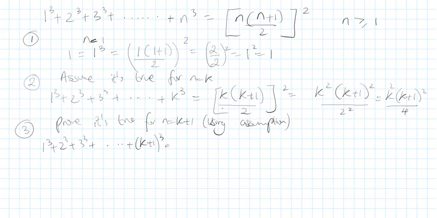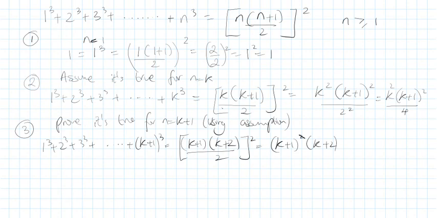This is the same as k plus 1, k plus 1 plus 1, so that's k plus 2, divided by 2, all squared. Once again, using indices, it's k plus 1 squared, k plus 2 squared divided by 2 squared, so that's k plus 1 squared, k plus 2 squared divided by 4. This is the expression I need to get for n equal to k plus 1, if the formula holds true. Now we need to prove that we can get this expression using the assumption.